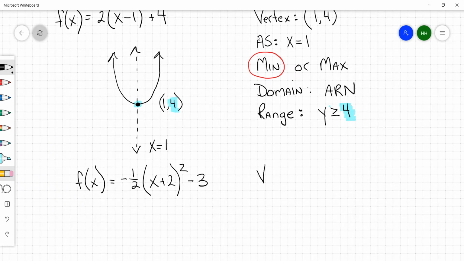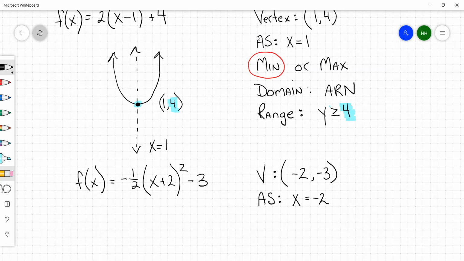Its vertex is located at (-2, -3). Its axis of symmetry is x = -2.